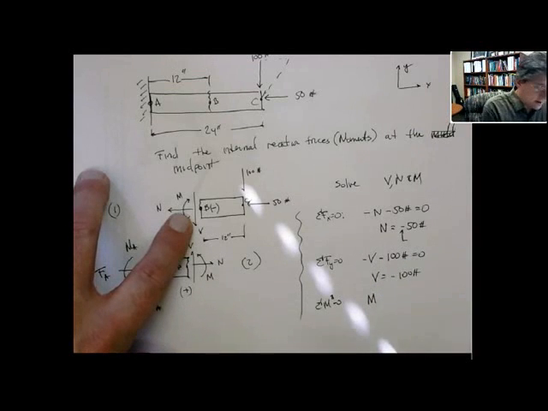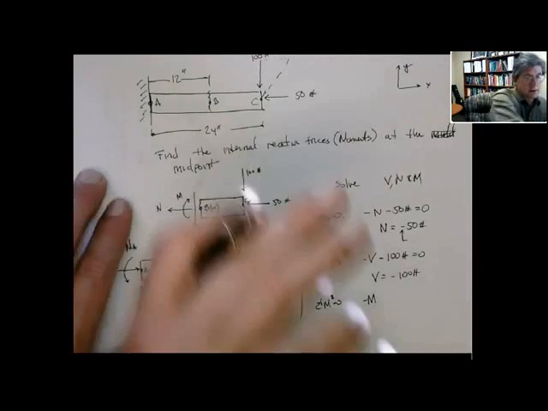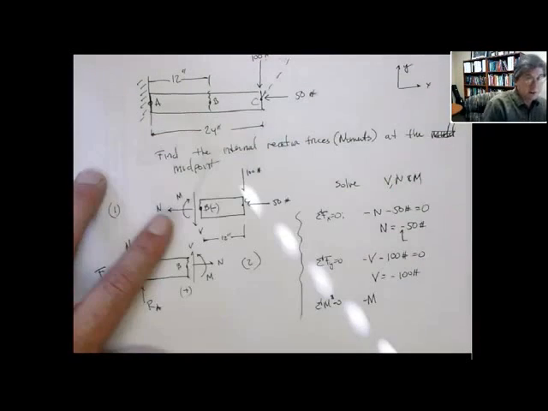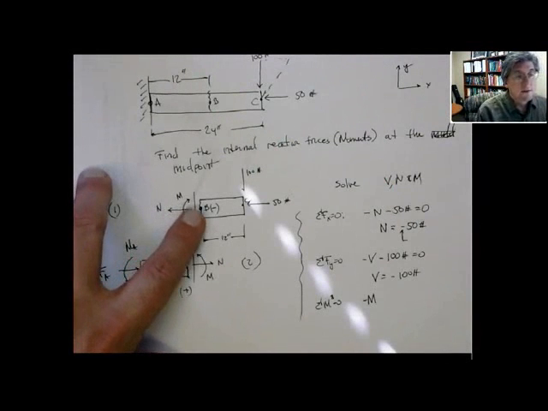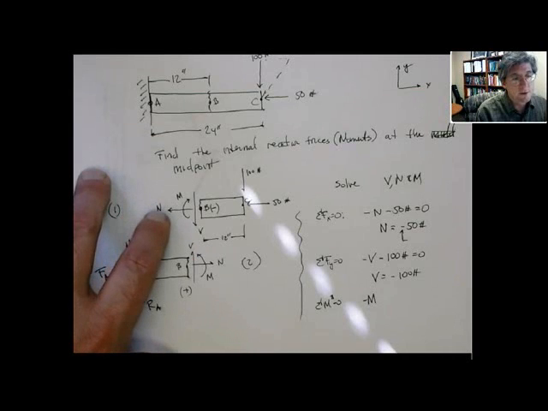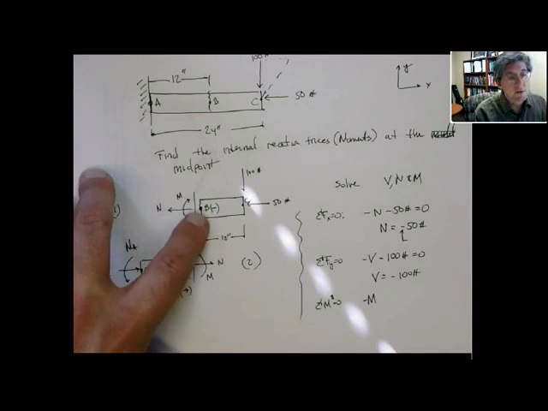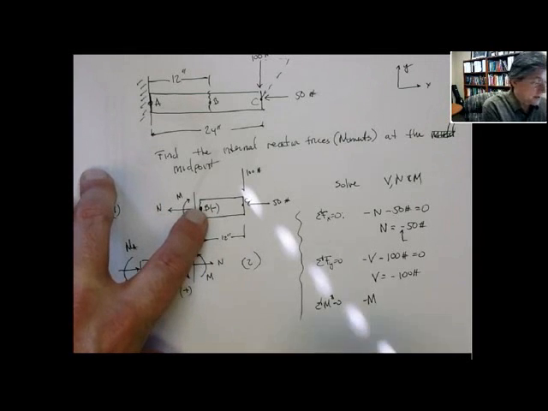And the way I drew that, that's actually a negative moment. I drew that so it's going around the negative z-axis. It's a negative face, so it's a negative moment. The internal reaction shear force V and the internal reaction normal force N, neither of those contribute any moments around B because they pass through that point.